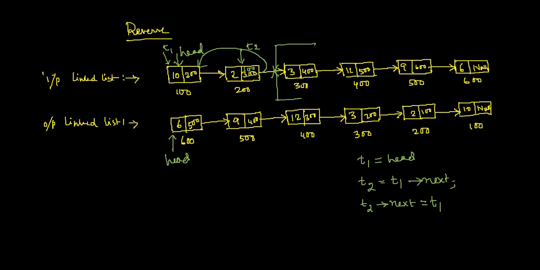That means before writing T2 next equal to T1, you must introduce one more pointer, T3, which will be equal to T2 next. If you use this particular line, that means T3 is pointing to this node. Now if the connection vanishes, it doesn't matter.